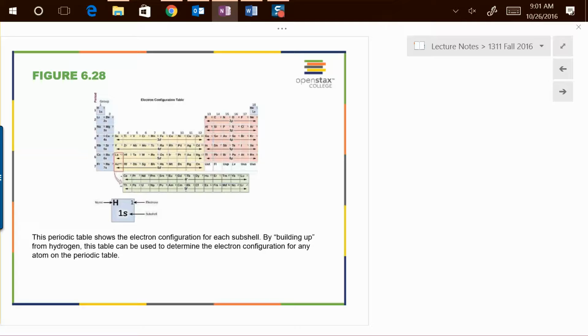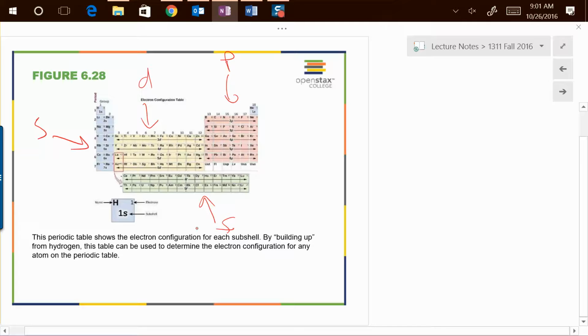Okay, so the periodic table, as we've been seeing, is designed to tell you the positions, the electron configurations, based on where elements are in the periodic table. So these are all the S's. These are the P's, the D's, and the F's. Okay?